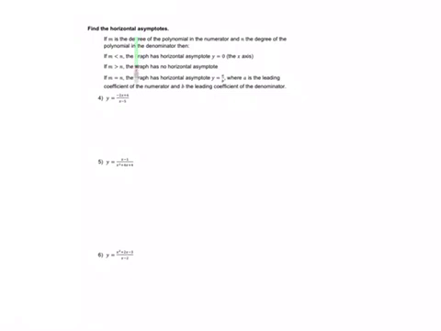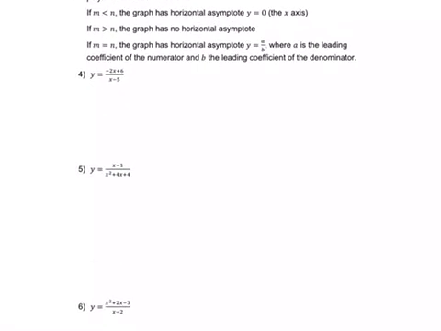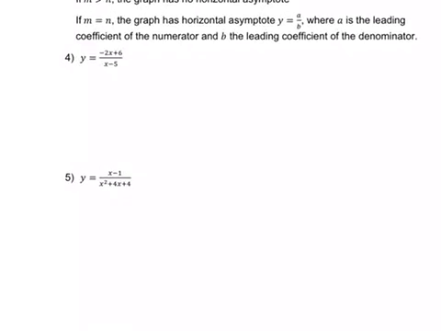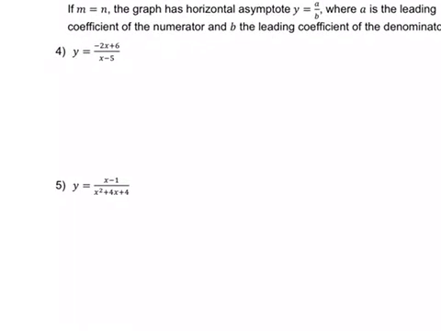For the horizontal asymptotes, it's a little bit easier because we are just looking at the degree of the polynomial. And to review, the degree is just the highest exponent of the variable, just one variable, right? So in this case, the degree of my numerator is 1. The degree of the denominator is 1.